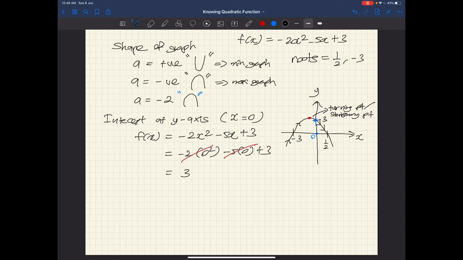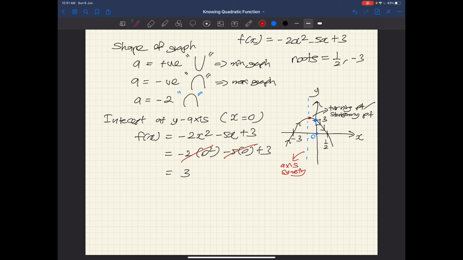The reason why we call it a stationary point: when you throw something in projectile motion, you exert some force on it. At some point your force will be overcome completely by gravity, so it becomes stationary and is going to free fall. Let's find the turning point, which is essentially your axis of symmetry. The meaning of axis of symmetry is how you divide certain things, so that I have an equivalent split on the left and also the right.